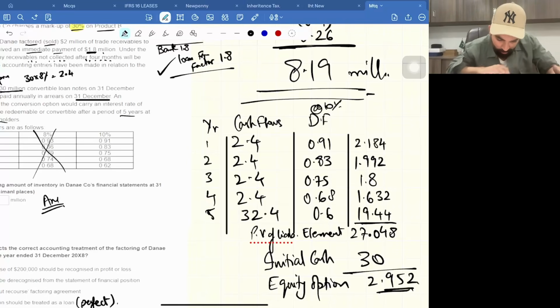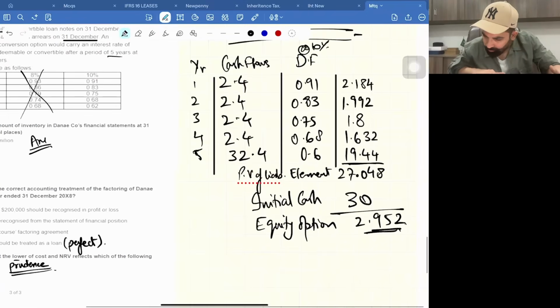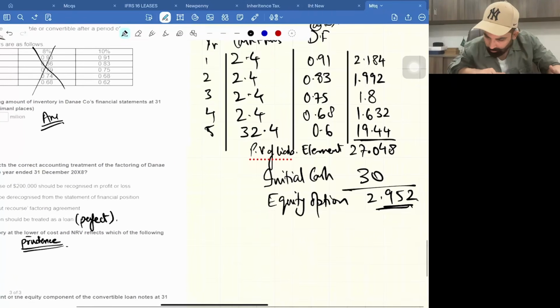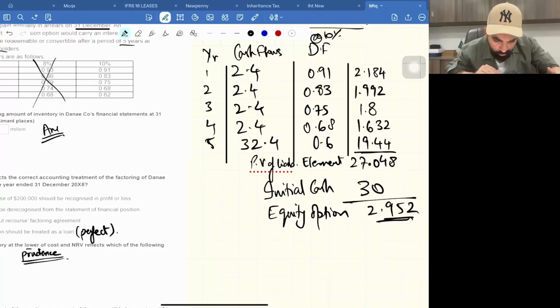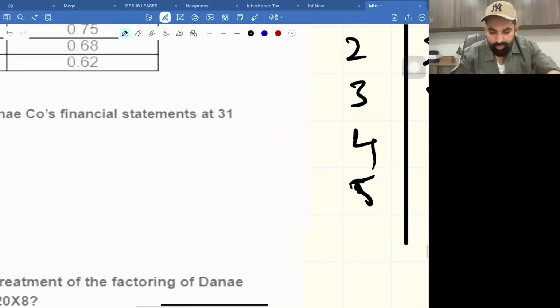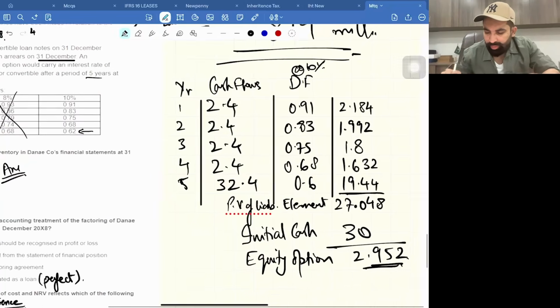Let me add it. Oh, sorry. This is 0.62. See, the last one is 0.62, but I have written it as 0.6.